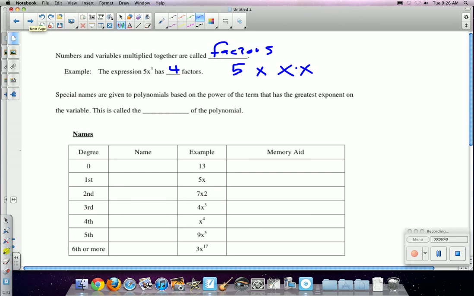Now some of them repeat, and that's okay, right? Special names are given to polynomials based on the power of the term that has the greatest exponent. This is called the degree of the polynomial.